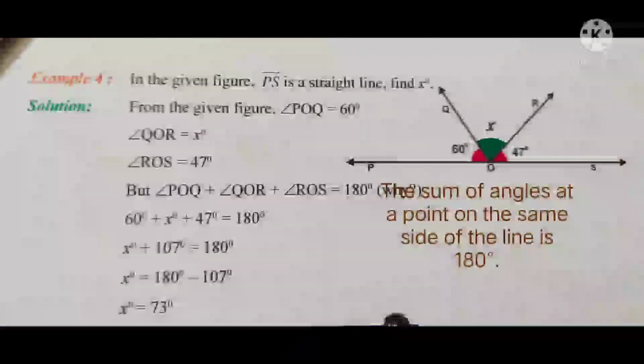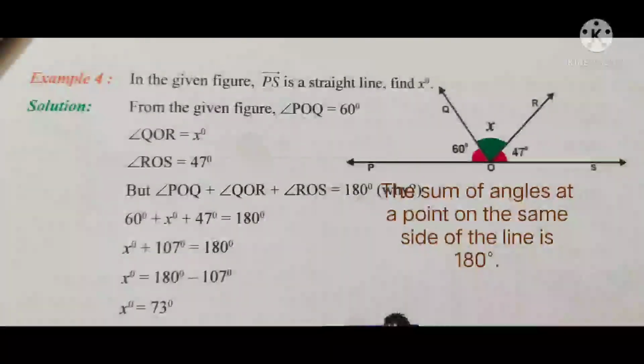Transposing 107 to the other side, x equals 180 minus 107, which equals 73 degrees. So the value of x is 73 degrees.